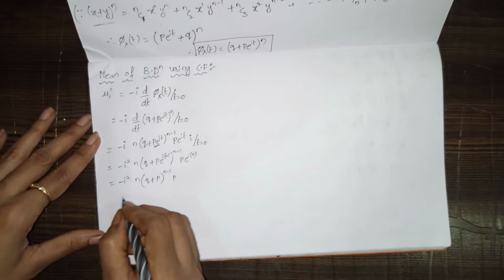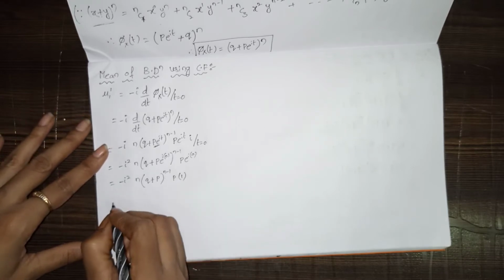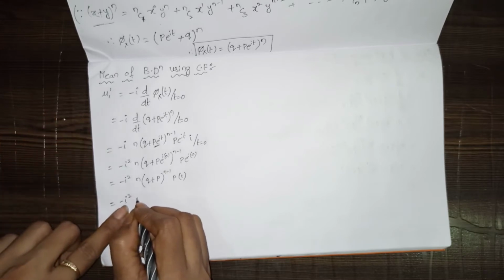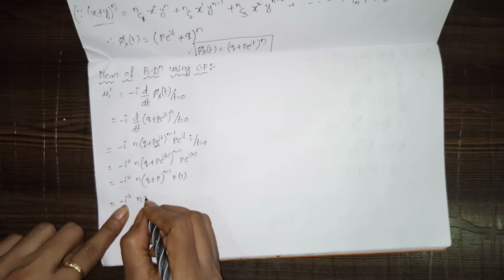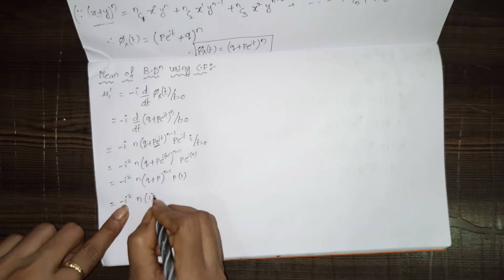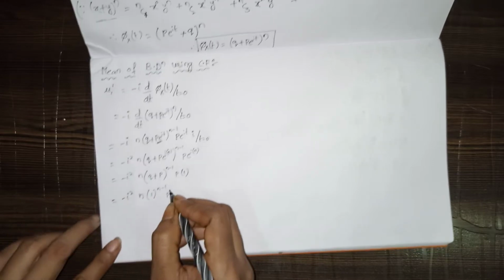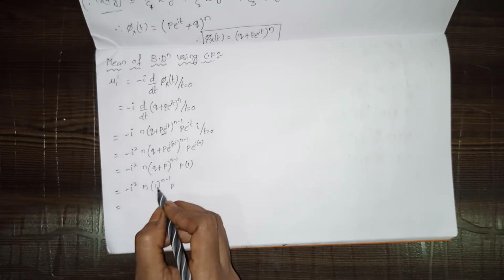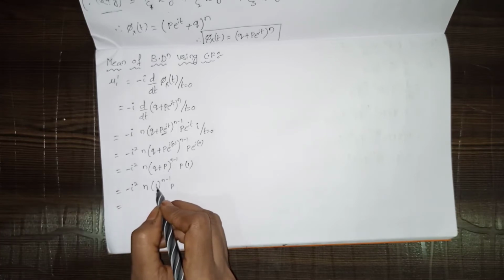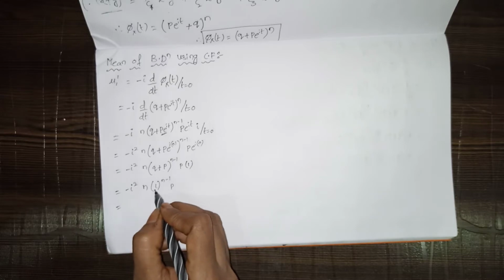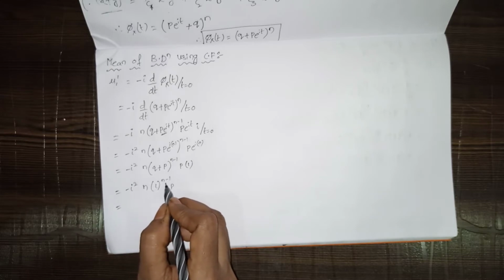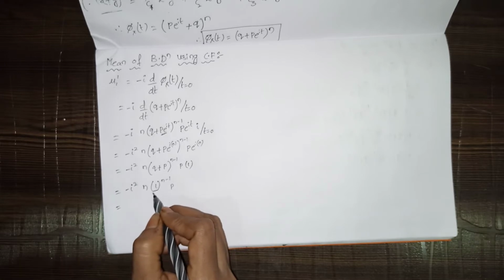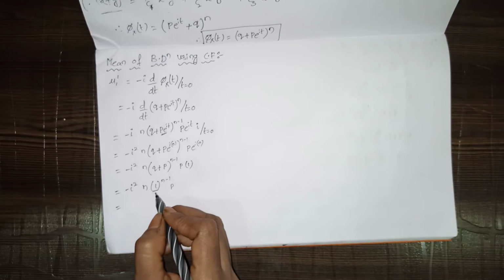So that equals minus i square n into (q plus p), which is nothing but 1, 1 to the power of n minus 1, into p. Here, 1 to the power n minus 1 we get 1 only as the answer, and 1 to the power of anything will also be 1.